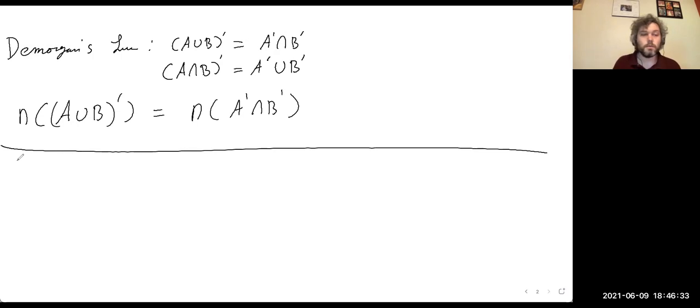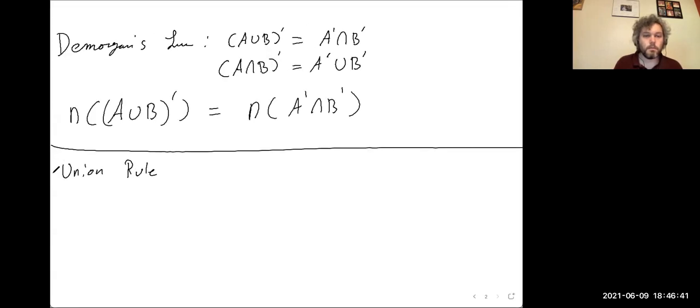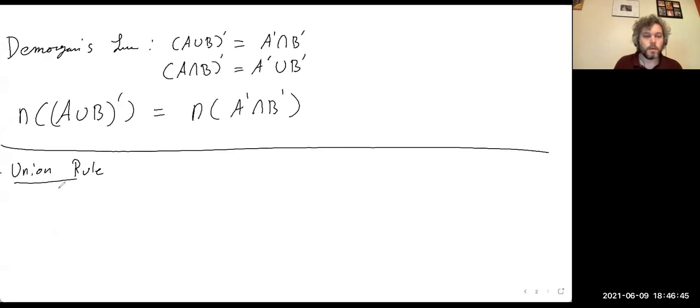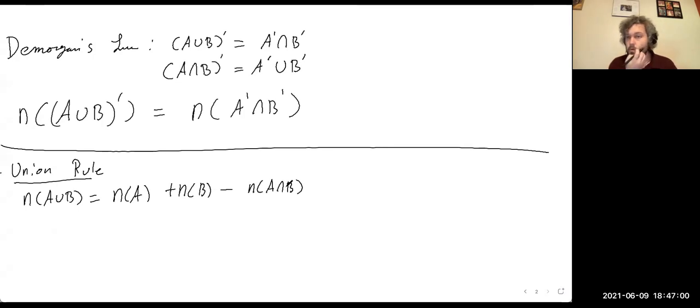Something that's also still true that we need to keep in mind is the union rule. The union rule states that the number in A union B is equivalent to the number in A plus the number in B minus their intersection. Okay, that was the union rule.